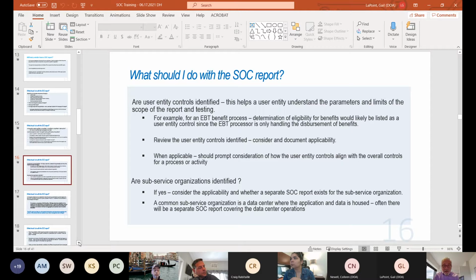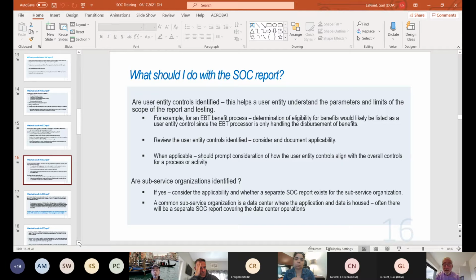We did talk about EBT before. Determination of eligibility for benefits would be a user entity control as we're using the EBT providers, because we're just transmitting a list of benefits to be delivered. The EBT processor has no knowledge or responsibility to know whether the folks are actually eligible for those benefits.